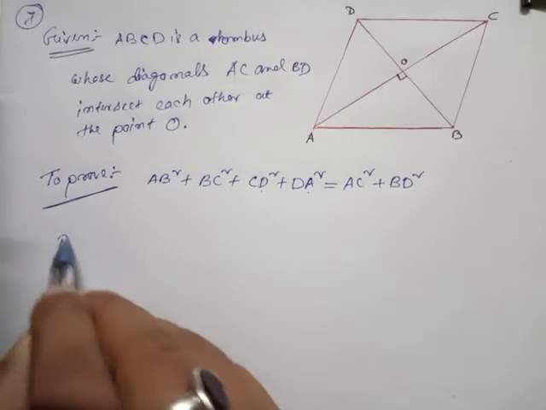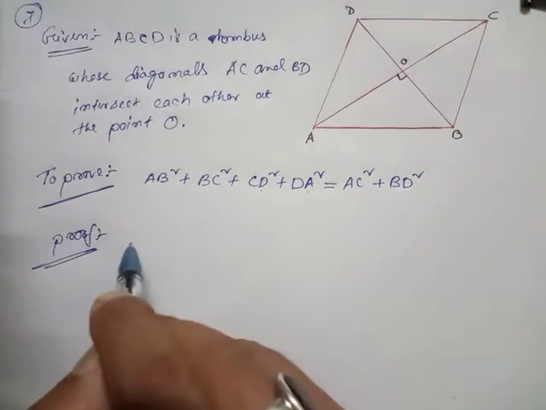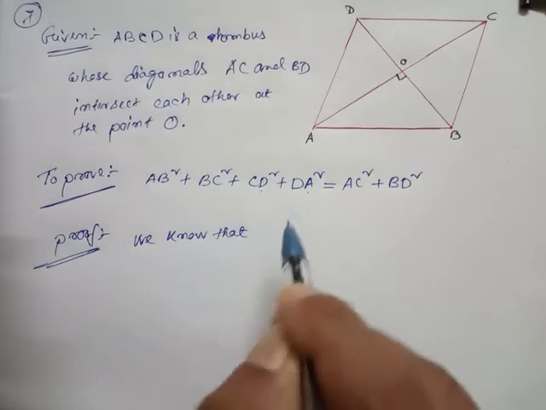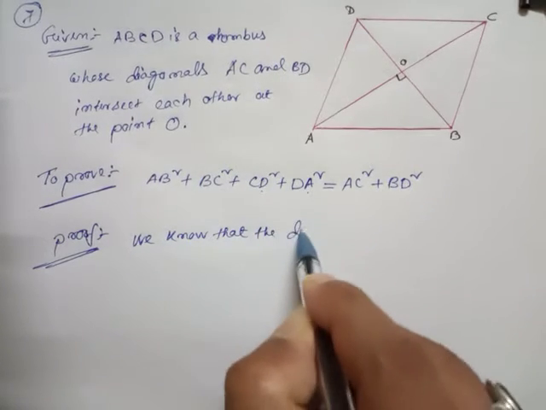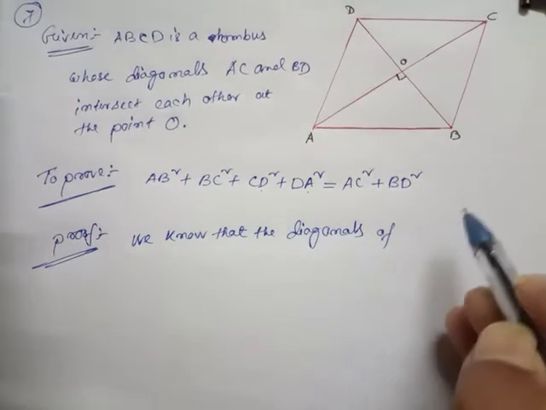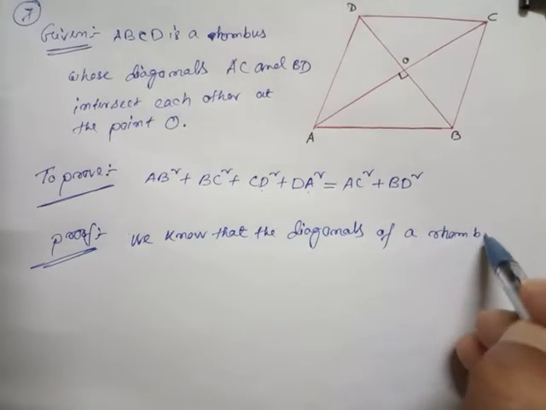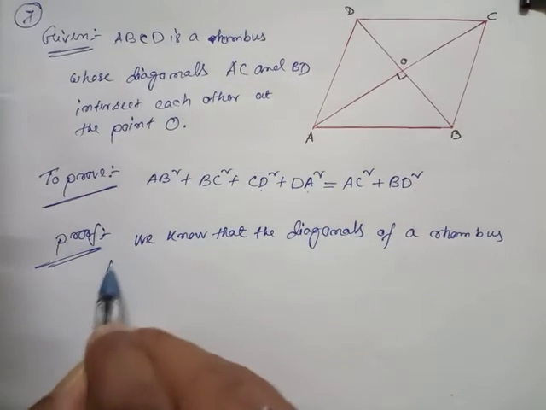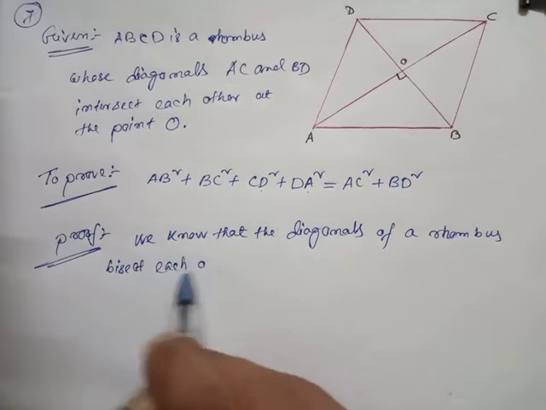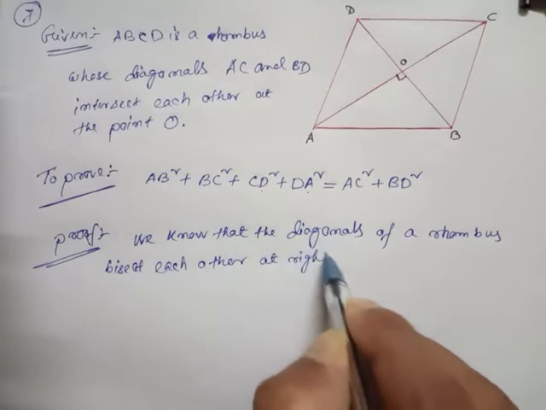Student, proof. First of all, write down here, we know that the diagonals of a rhombus bisect each other at right angles.